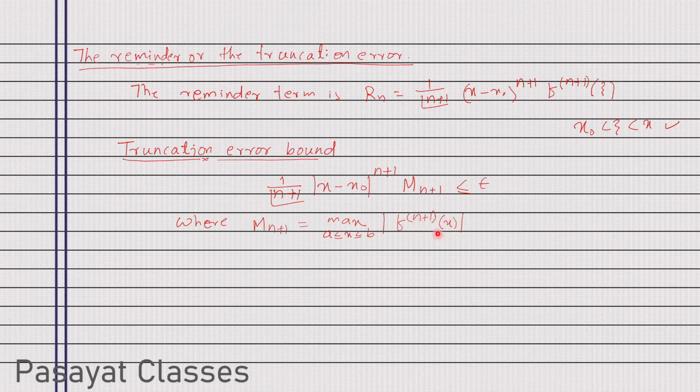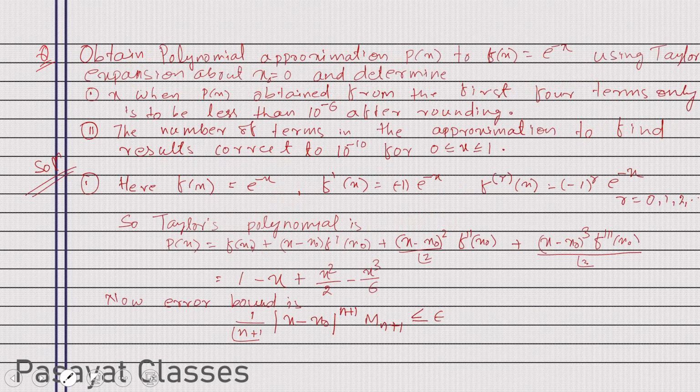So first of all we have to differentiate the function f(x) (n plus 1) times and take the mod, put the values of x here and find the maximum value, which gives our M_(n+1).